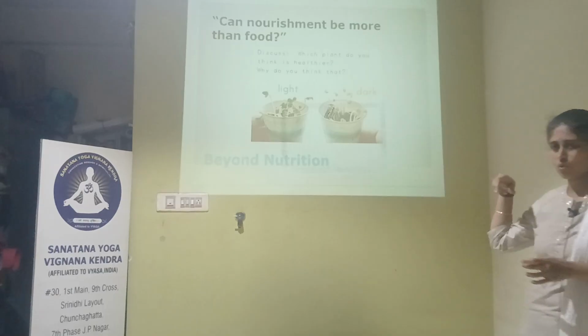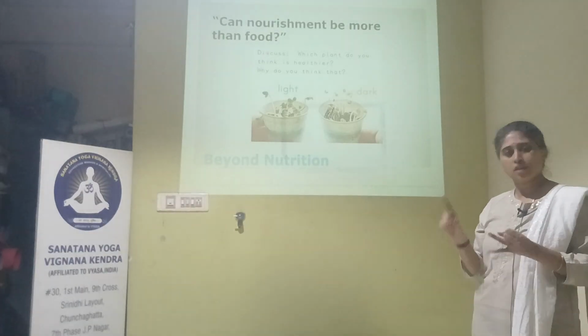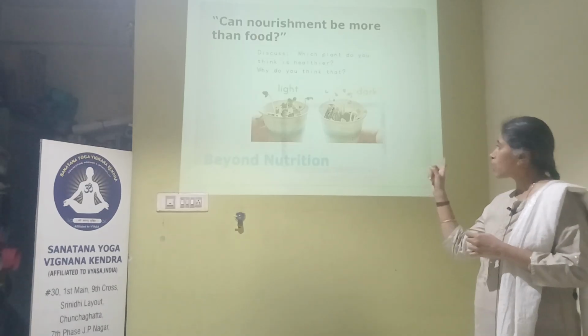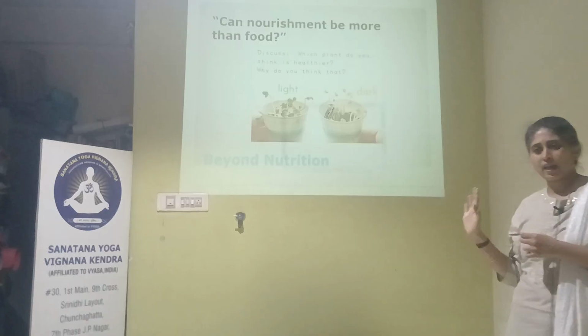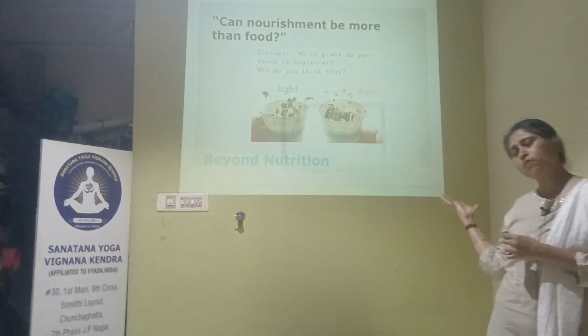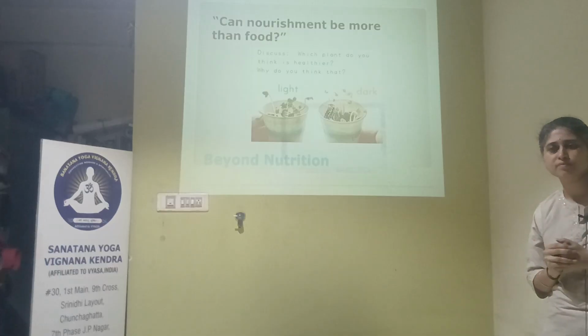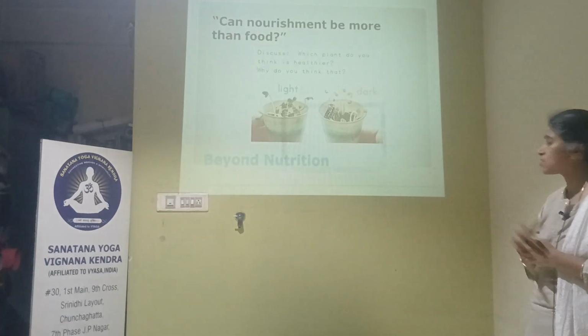There are two sets of jars, and there is good soil, the required amount of water, and fresh air. There is a difference: for one jar we are giving sunlight, and the other one we are keeping in darkness. What do you think happens over there? The answer is in the slide itself.